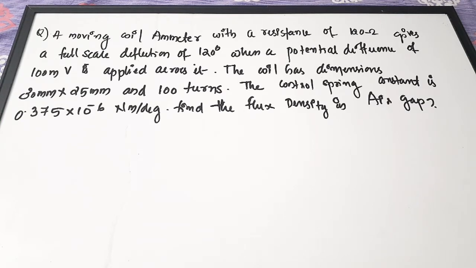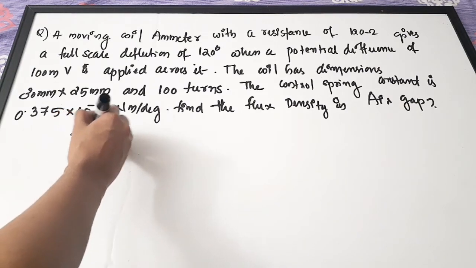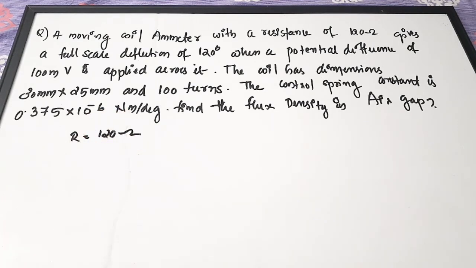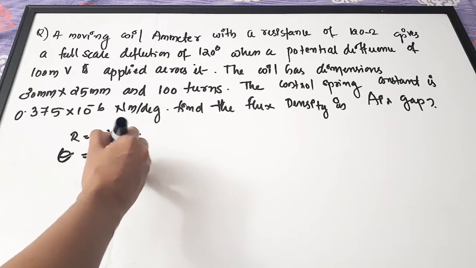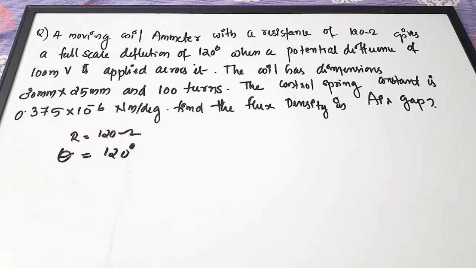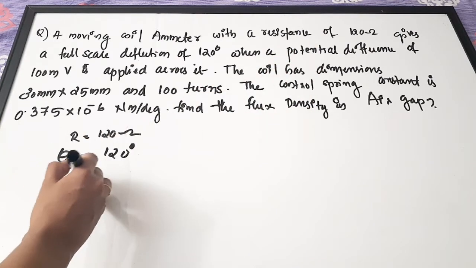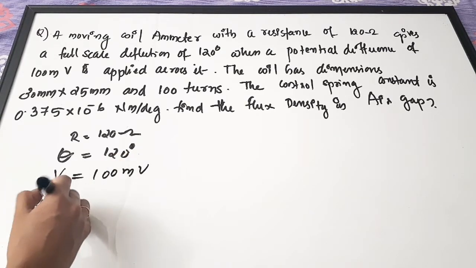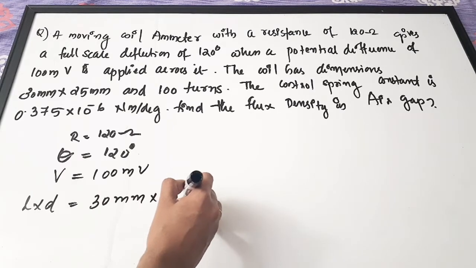Now first let us write all the given values. First, R is given, R is 120 ohm. Then deflection angle is given, that is theta is equal to 120 degree. Then what is the potential difference given? V is equal to 100 millivolt. Then L cross D is given, 30 mm by 25 mm.